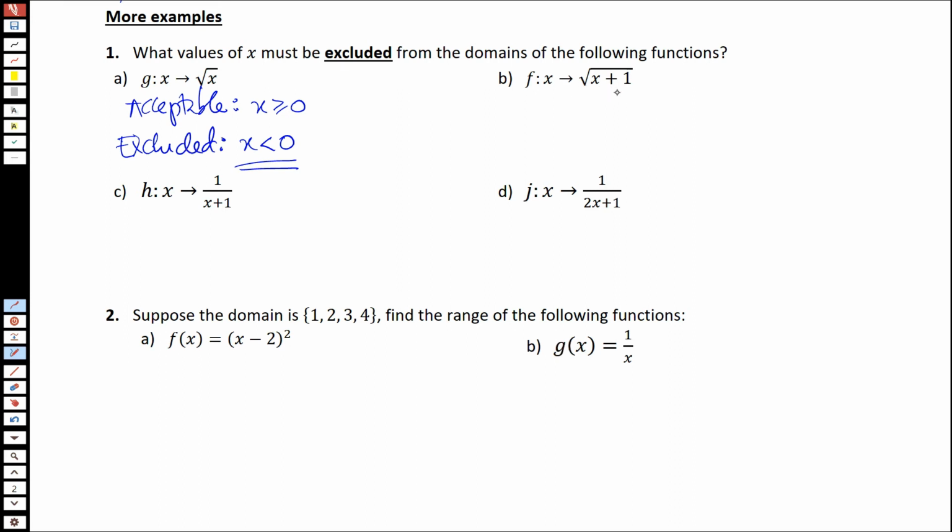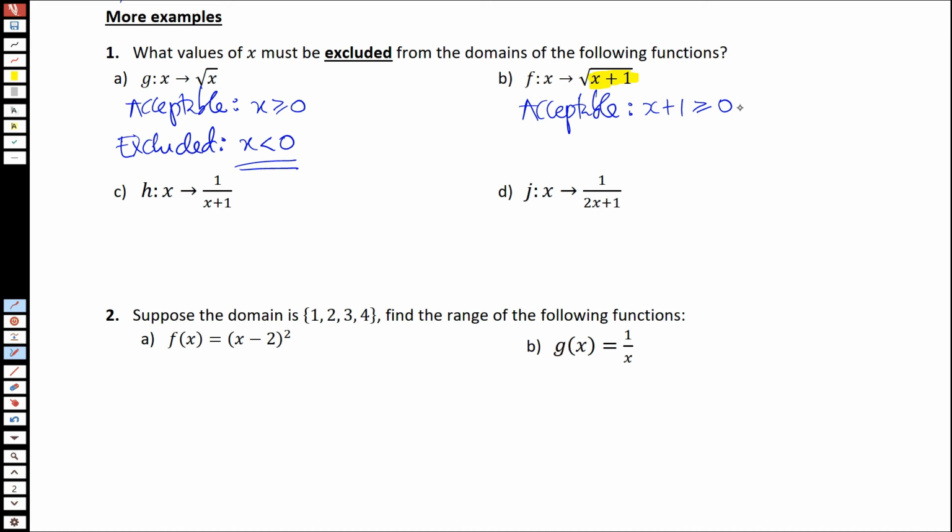Again, here we can plug in only positive values. What is under the square root here is x plus 1. What you're saying here is that anything that can be plugged in under that square root sign has to be greater than or equal to 0, which means x plus 1 has to be greater than or equal to 0.